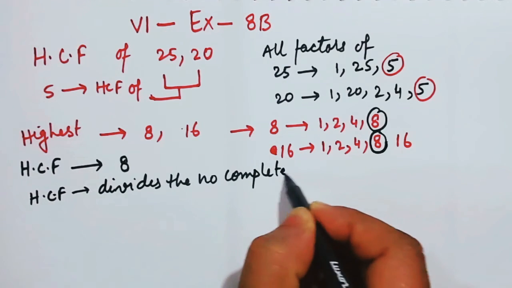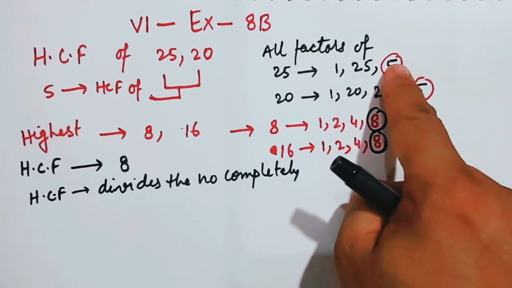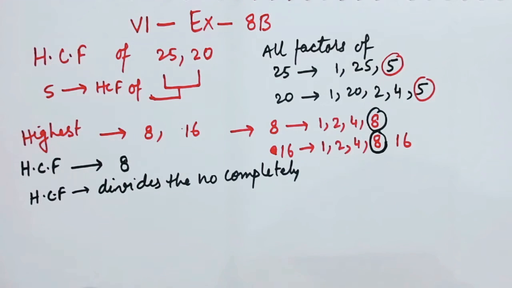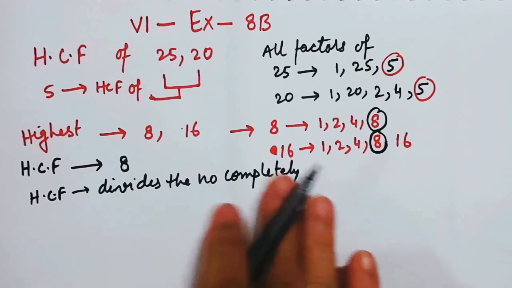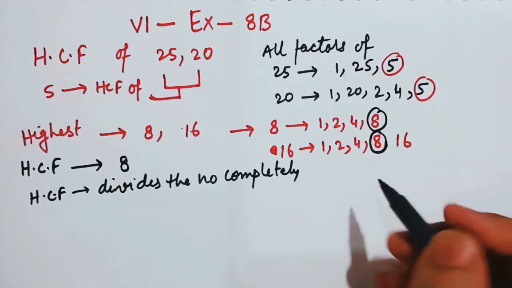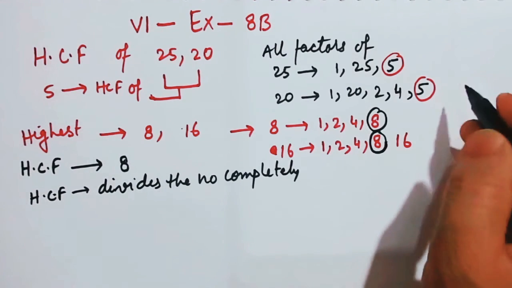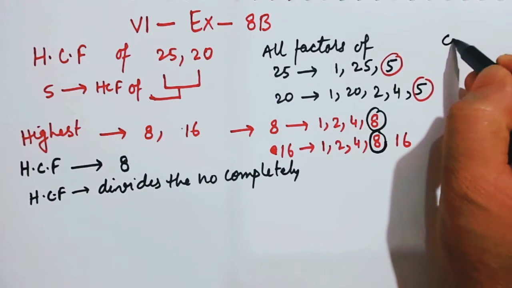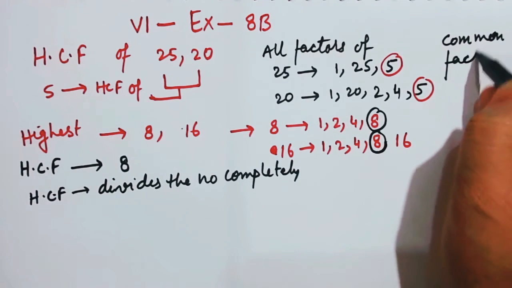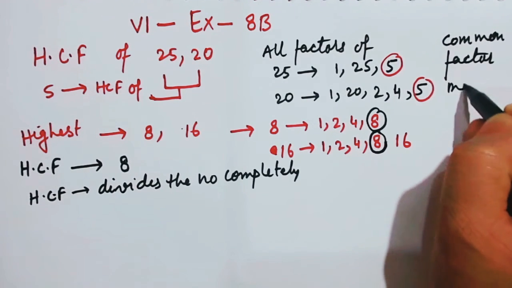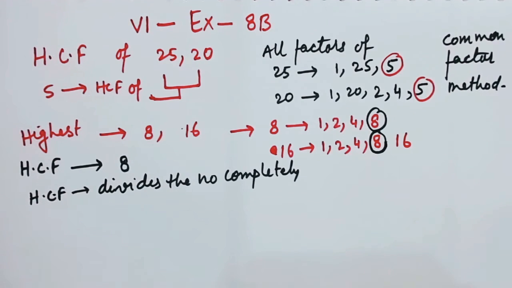Similarly, here you will find that 5 divides 25 and 20 completely. The process that I have taught you is known as the common factor method.